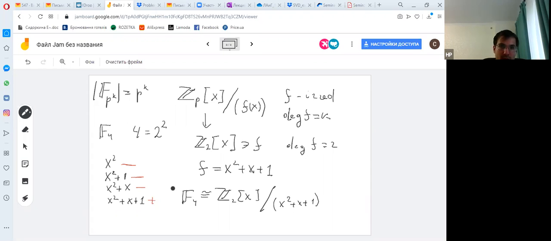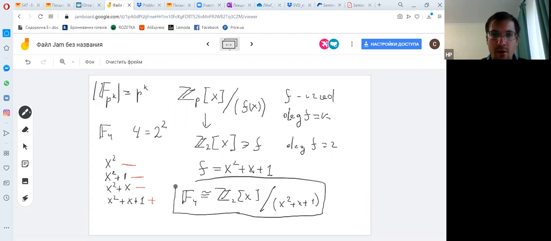Okay, this is this construction, but what are the elements? We need 4 elements in this field. What are these elements? These elements are just classes: polynomial g plus this ideal.